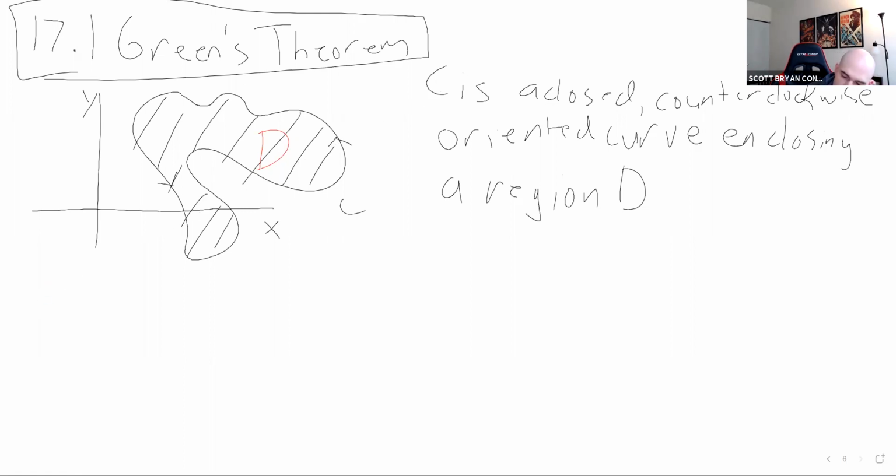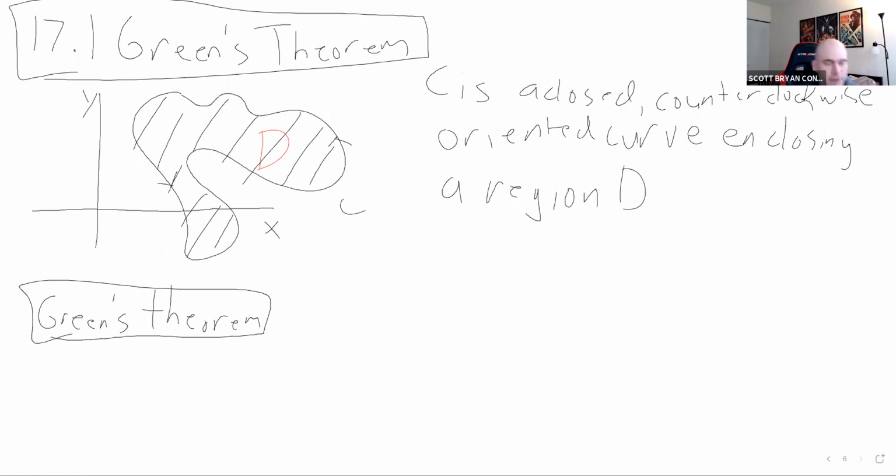So we know what happens if we integrate a conservative vector field around the closed curve C? What do we get?